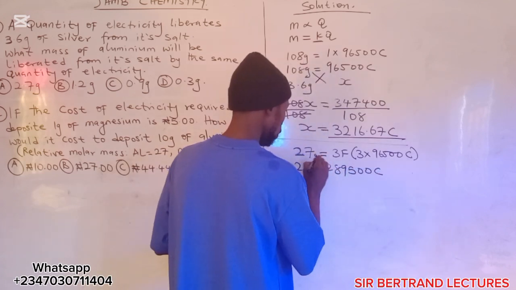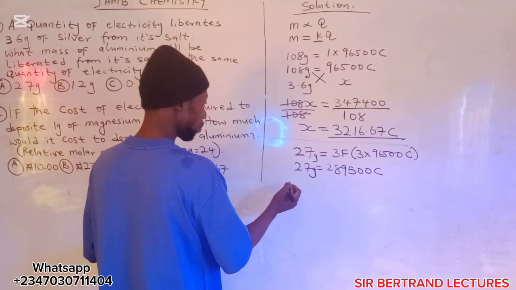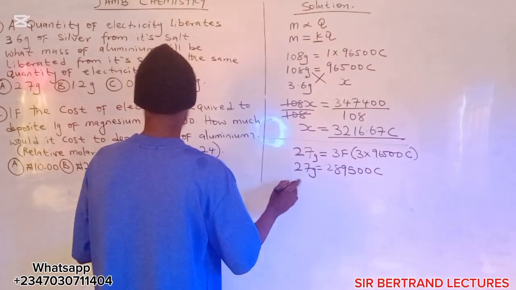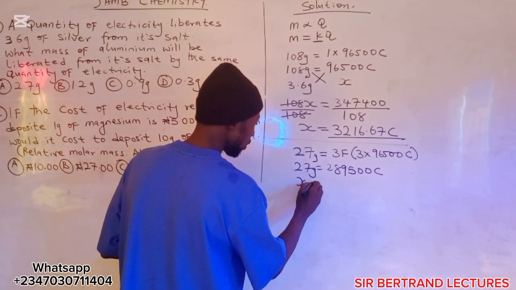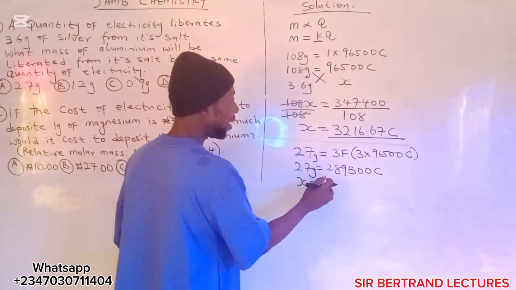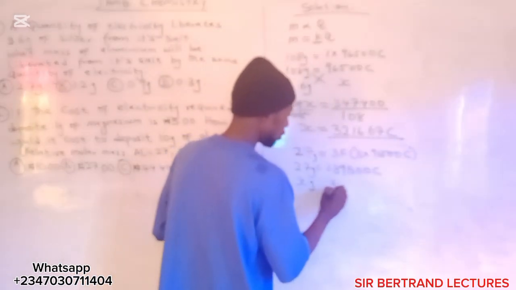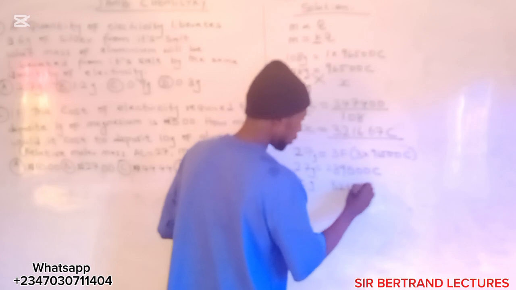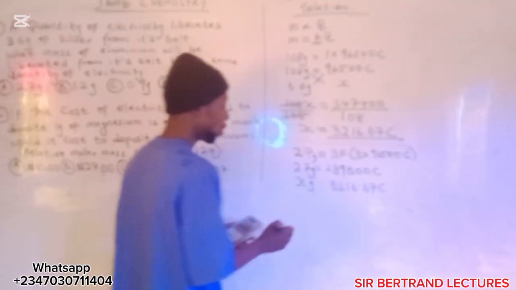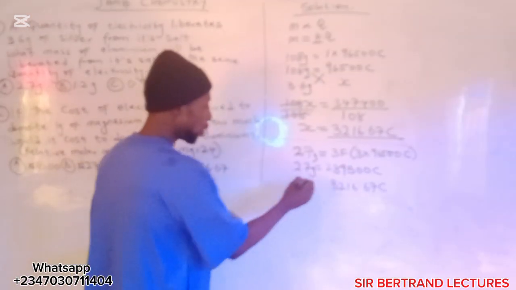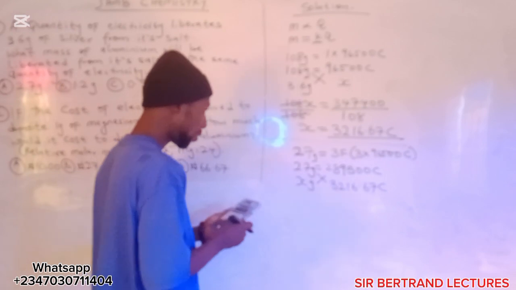Then what mass will be liberated by 3216.67 coulombs?